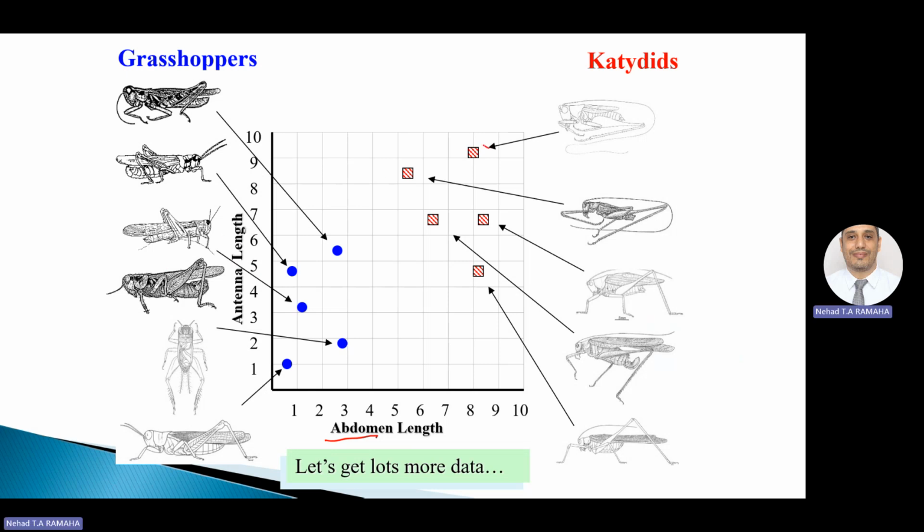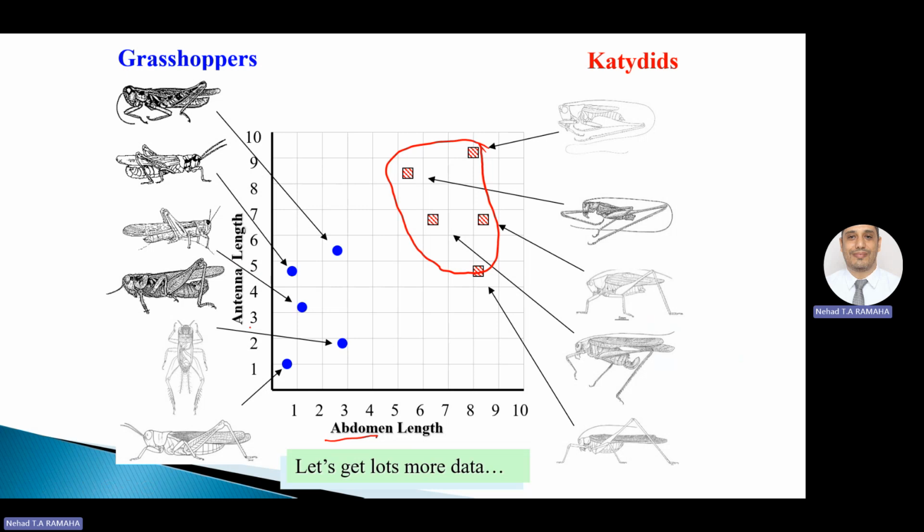Most of the katydids have longer antennae than the grasshoppers.